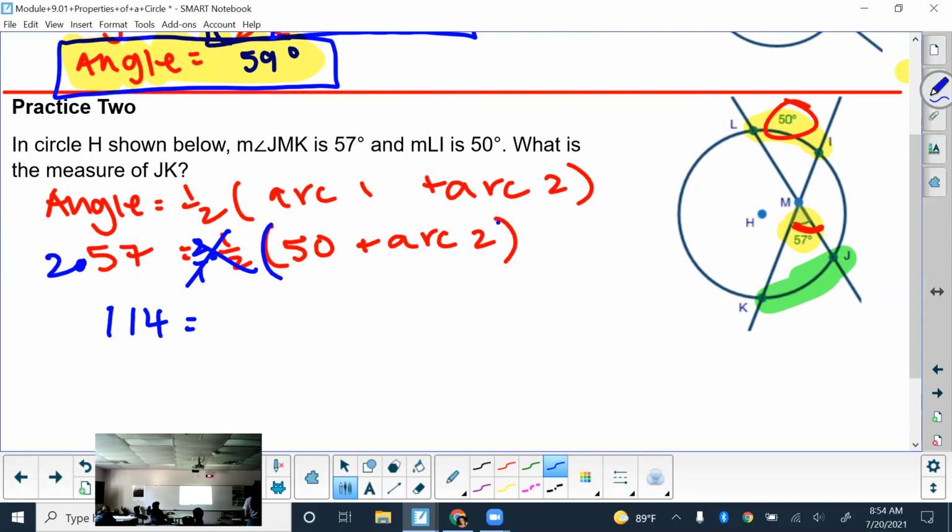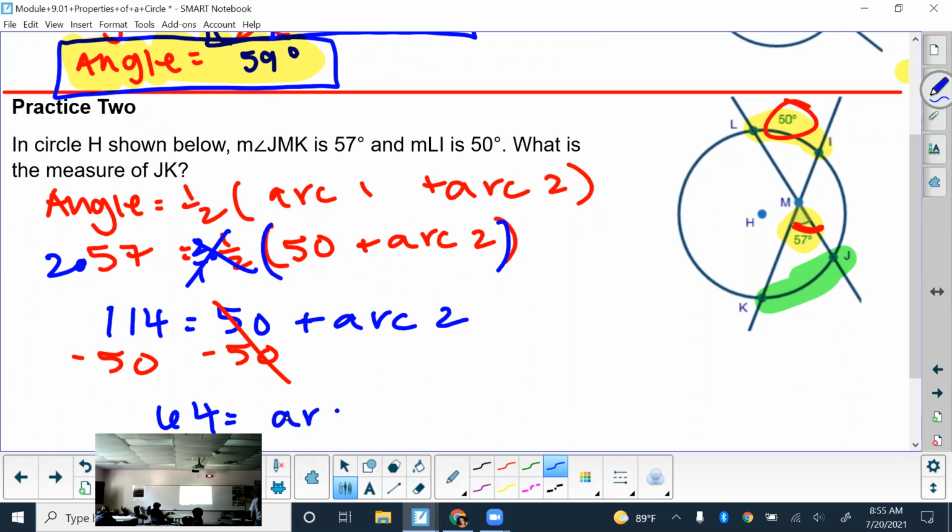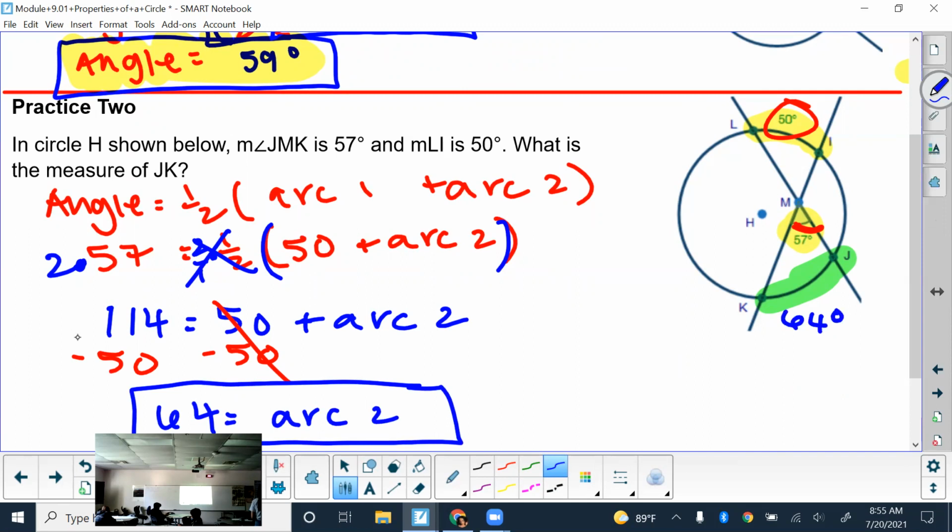The only thing I have left is what's in parentheses, so those can go away now, because there's nothing outside of parentheses anymore. And how can I get the 50 to go away that's near the arc 2? Good. All right, only way to get that to equal 0 would be to subtract. And then 114 minus 50 is, what is it, 64? Okay. So my arc 2 that was missing right here is 64 degrees.